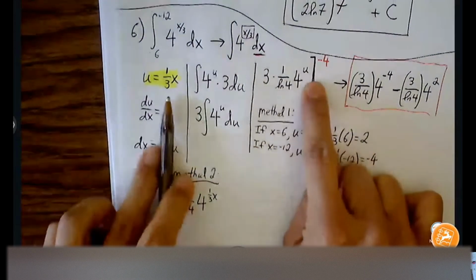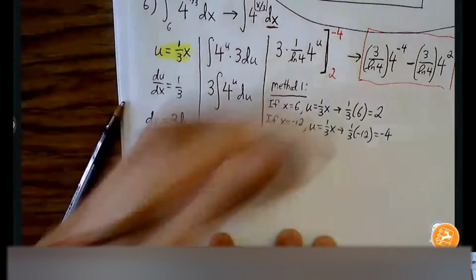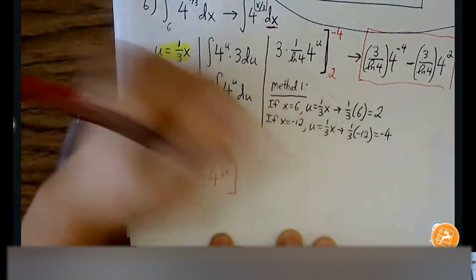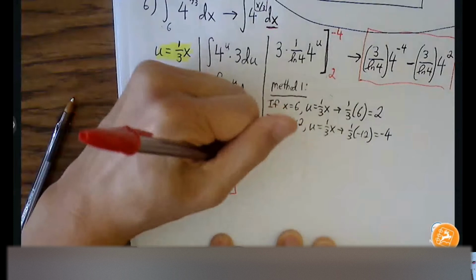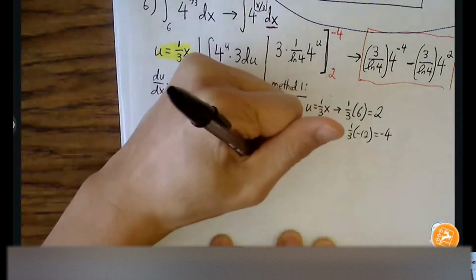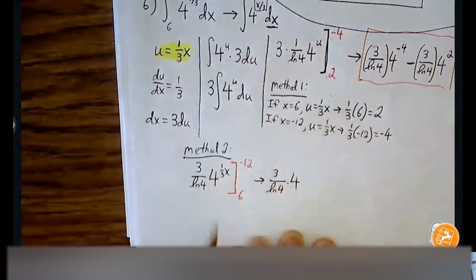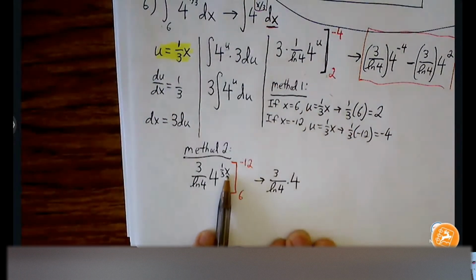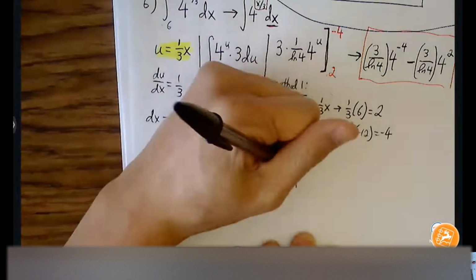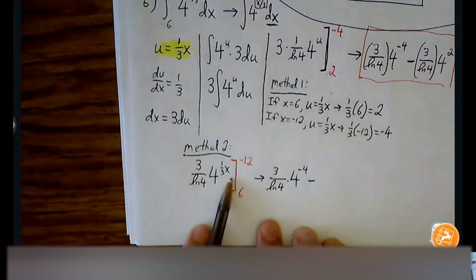Okay, so I took that additional step, replaced the u with 1/3 x, and then I can rely on the original values in my bound. Put -12 in for x, I get -12/3, which is -4. Lower bound in for x.